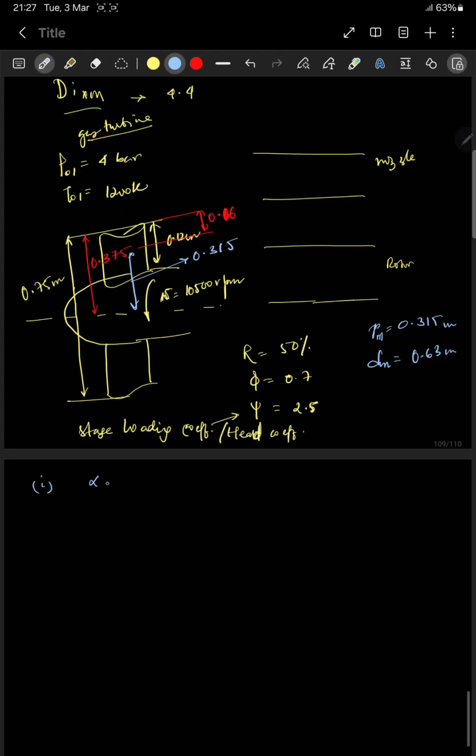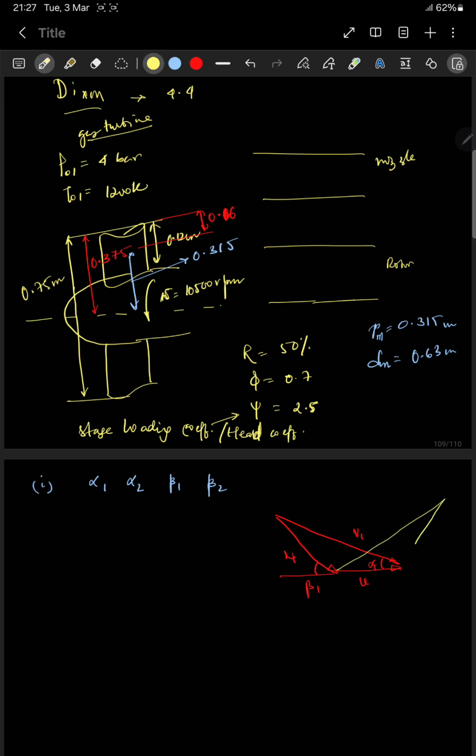Now the first question is the relative and absolute flow angles at the stage. So we have to find out alpha 1, alpha 2, beta 1, beta 2, we have to find out all these things, right? Let me draw the inlet and the outlet velocity triangles. This is W1, this is V1, this is U, this is beta 1, this is alpha 1, right?